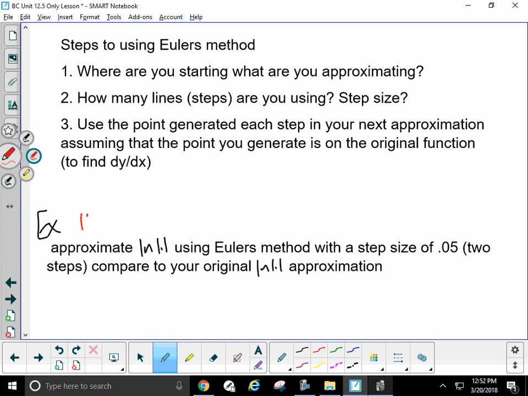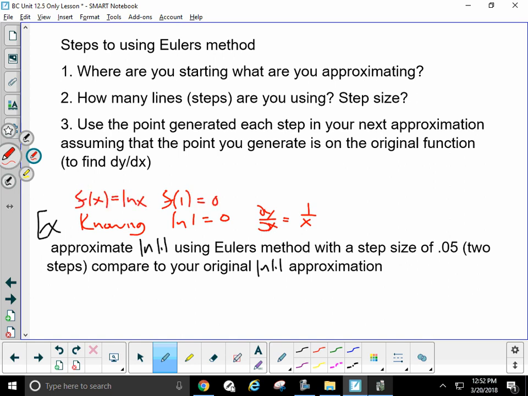So before we say, knowing that the log of 1 is 0 and the derivative of the log function is 1 over x, okay? Knowing that I have the point (1, 0), or f of 1 is 0, for f of x equals log x.